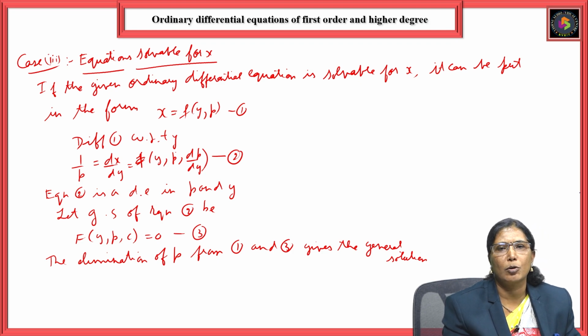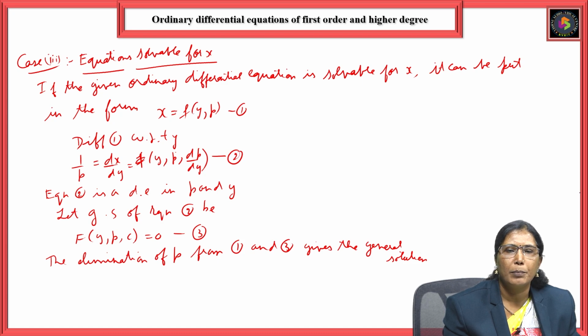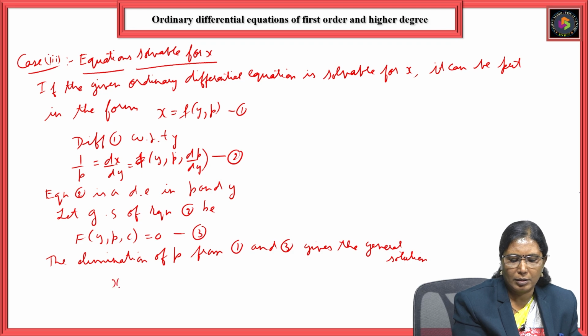Here also we come across some conditions. Sometimes it is not possible to eliminate p between equation 1 and 3. In that case, you should solve for x and y in terms of p, like x is equal to some function of p and the arbitrary constant c, and y is some function of p and c.